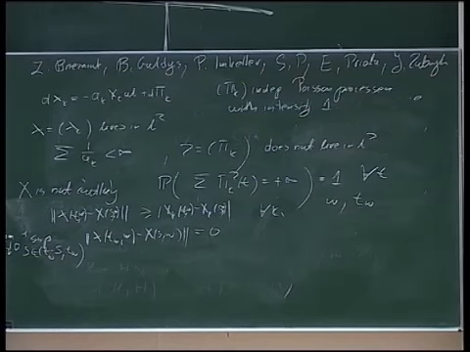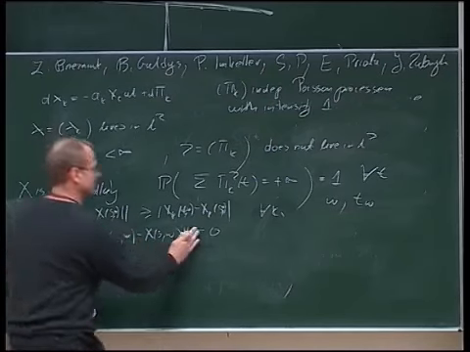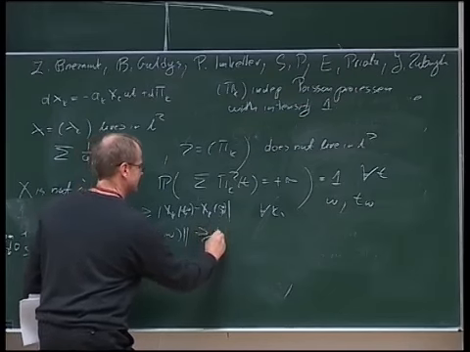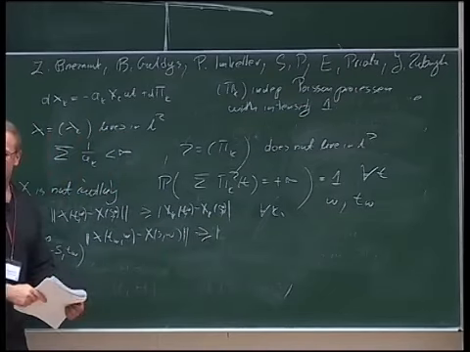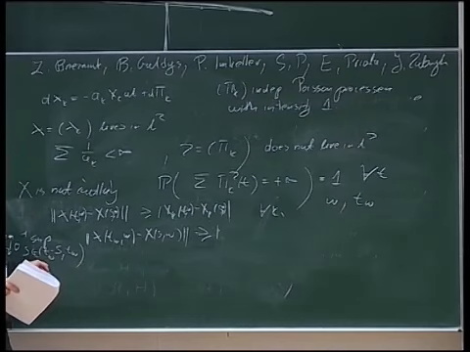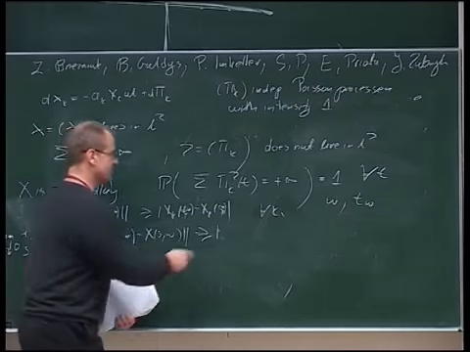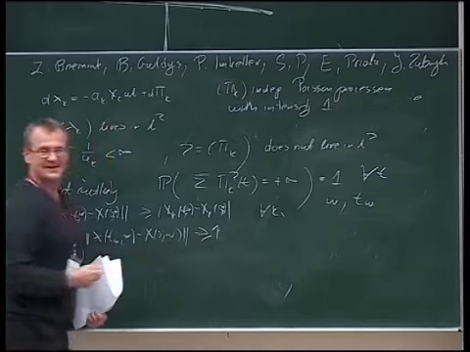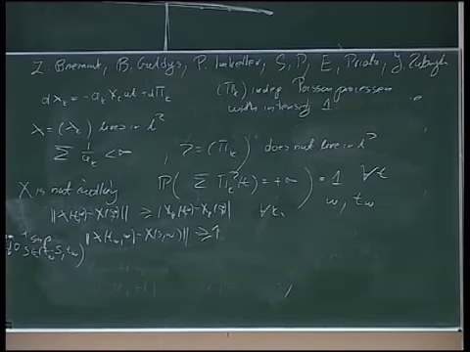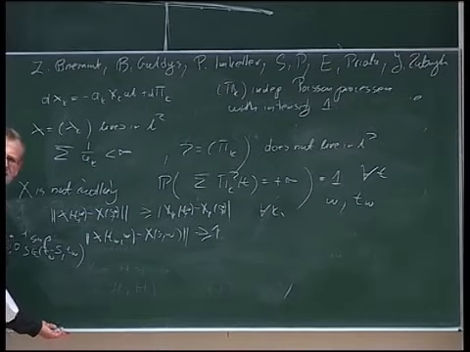But this is bigger than this, and in this interval there is at least one jump of this process, so it's bigger than 1. So there is no limit. The same holds for the right limit. So, of course, we have a counterexample.